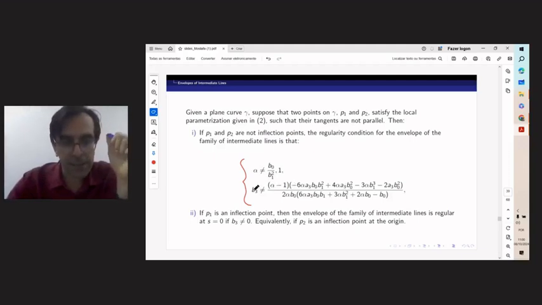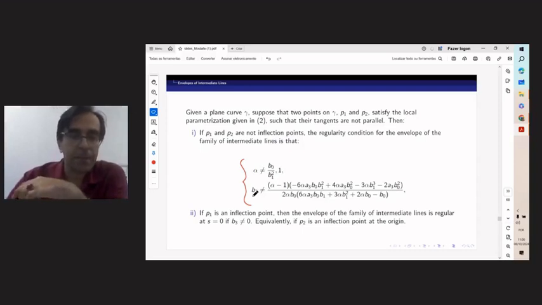Just remember that B3 was the coefficient of the cubic part of the parameterization, and B1 should be different from 0. This is a condition we also suppose.